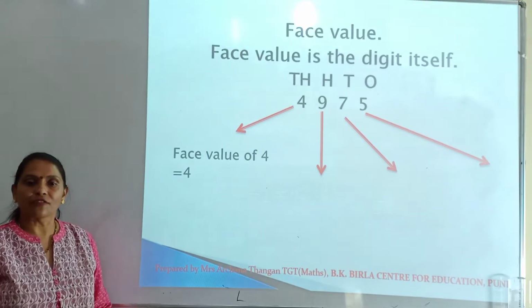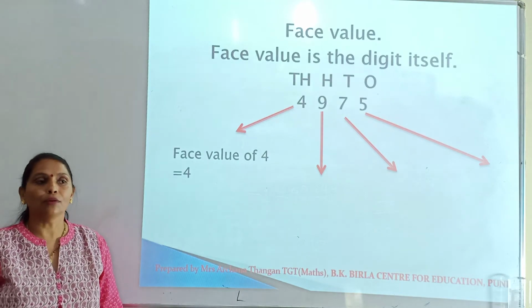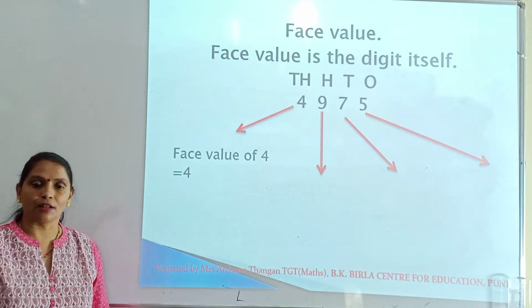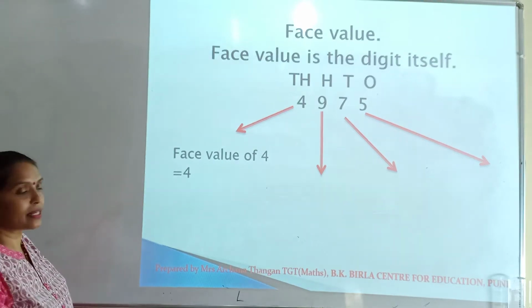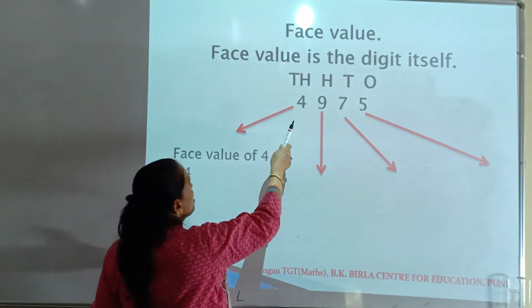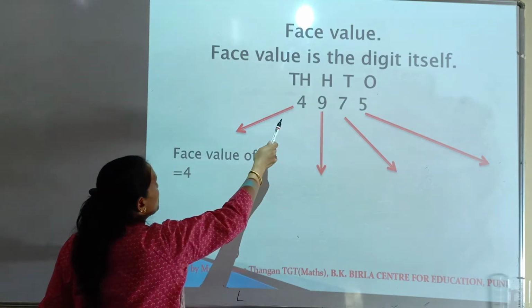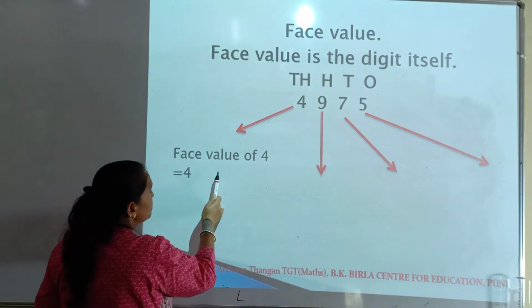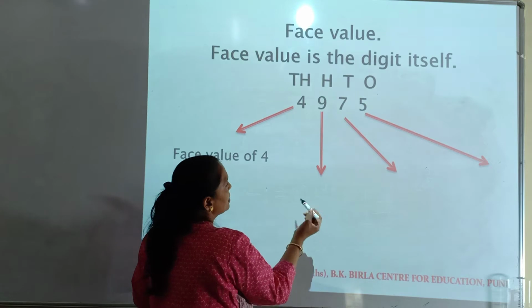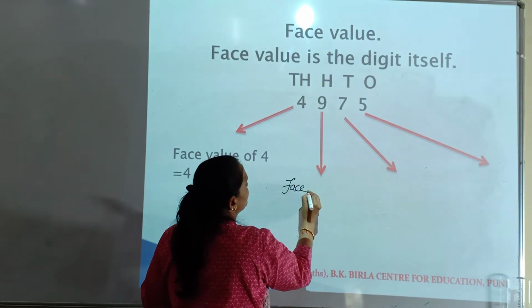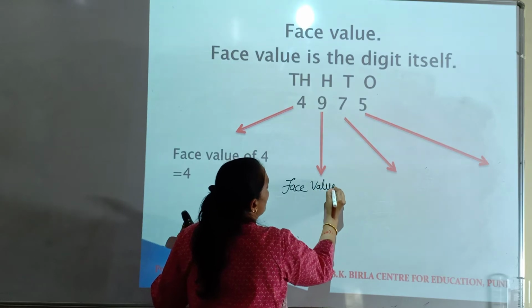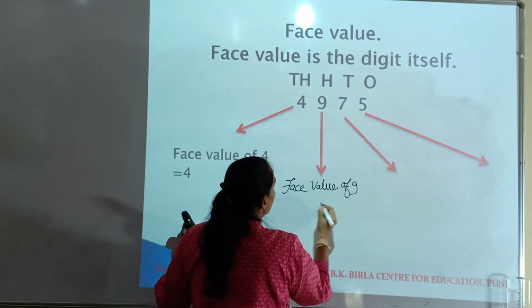Next, what is the face value? Face value is the digit itself. Whatever the digit is, that is the face value of that particular digit. Here, in the same 4 digit number, the face value of 4 is 4. The face value of 9 is 9.